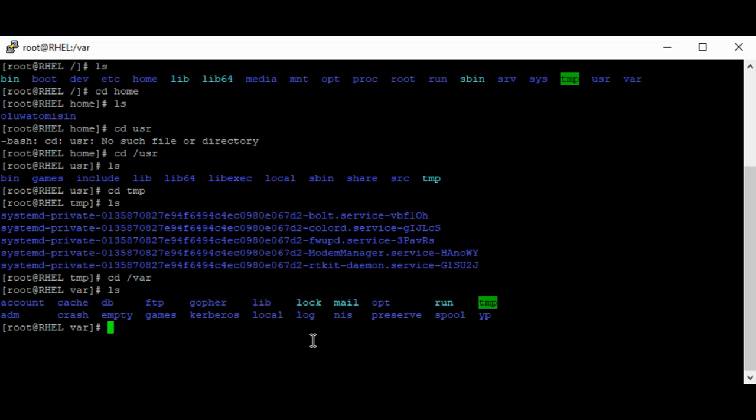It is the opposite of the usr directory. I said that the usr directory is a read-only directory, but the var directory is a read-write directory.